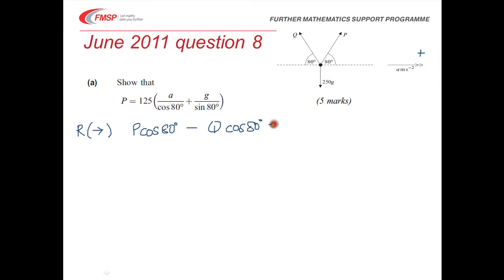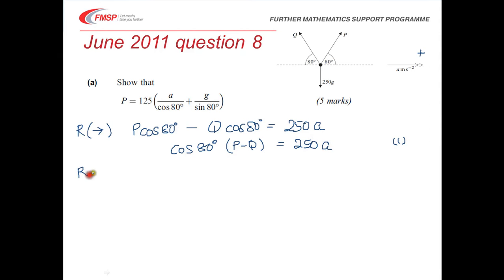That is our resultant force, and using F equals ma, that will be equal to 250 times the acceleration. If we take out a factor of cos 80, we have a situation like that, and that we'll call our first equation.